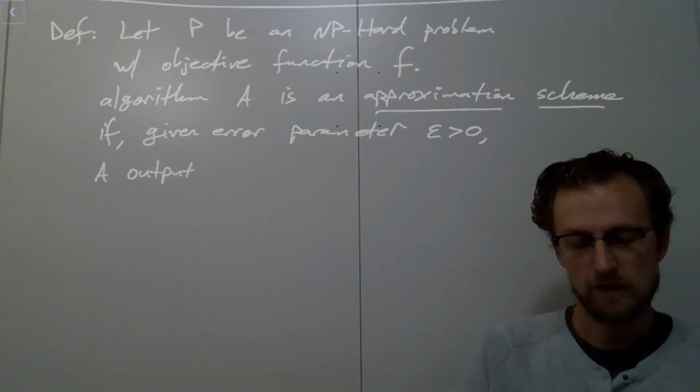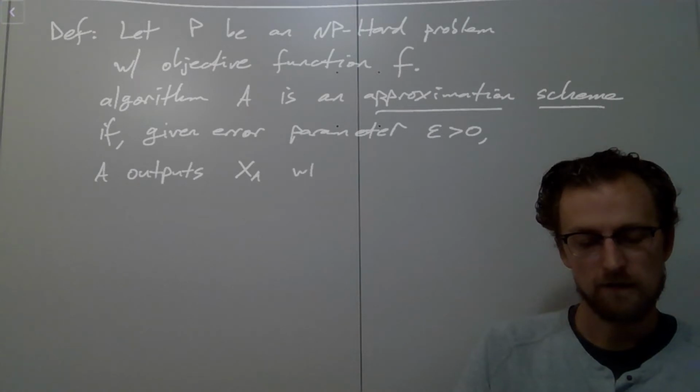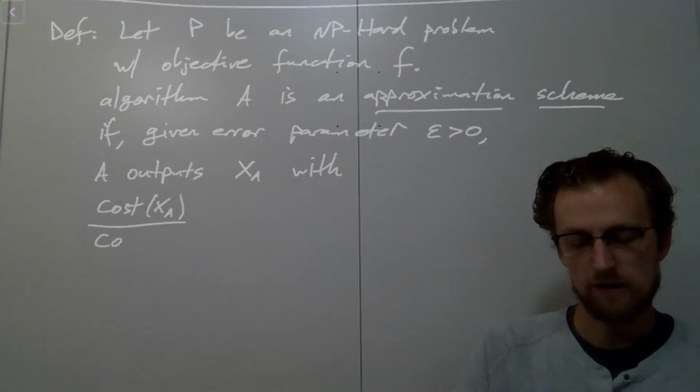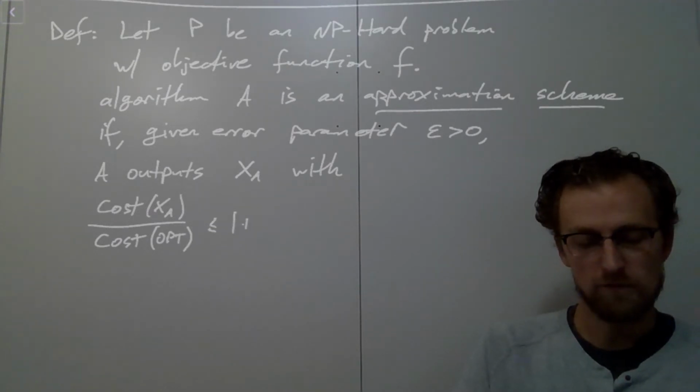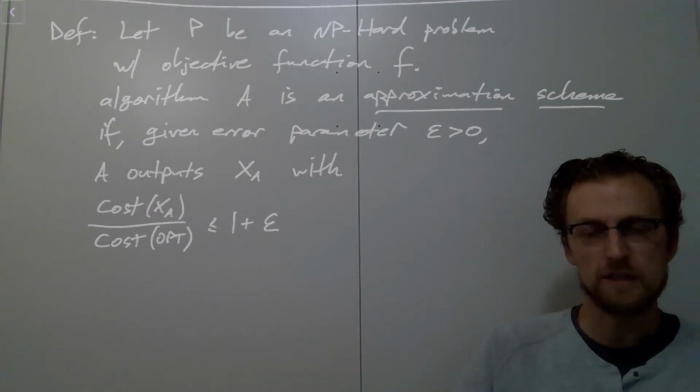So it outputs XA that satisfies the following. The cost of XA divided by the cost of an optimal output is less than or equal to 1 plus epsilon. All right, so before I write the next one, let's interpret this.